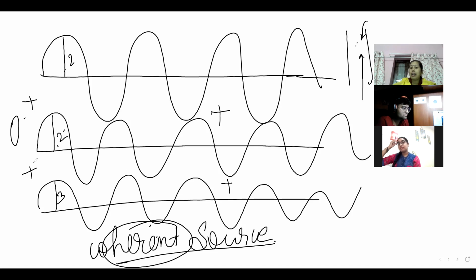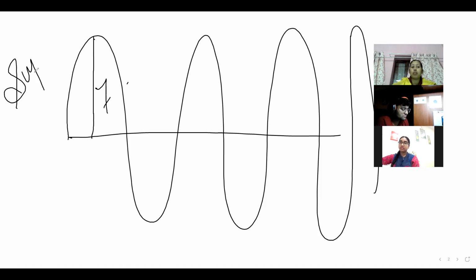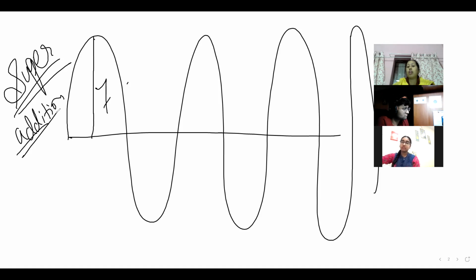But while adding all the coherent sources, that is, the same phase of source, the thing that I will get is known as superposition. Superposition word you will see in your book. Superposition is nothing, just the addition of the waves.